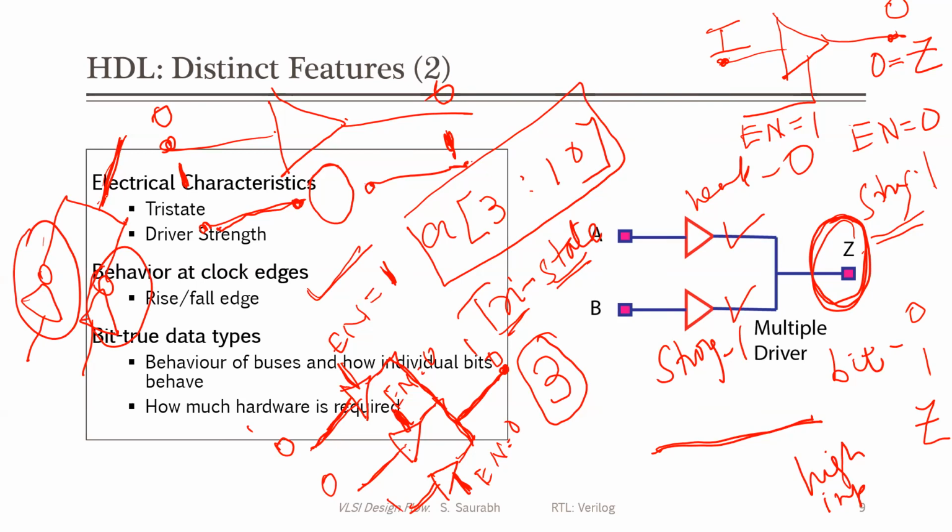In real time, whatever the signal strength is more, that will dominate. I am talking about a CMOS circuit, okay? Please understand, in a CMOS circuit you will always have a strong zero or a strong one. You cannot have a weak zero or weak one in a CMOS circuit.